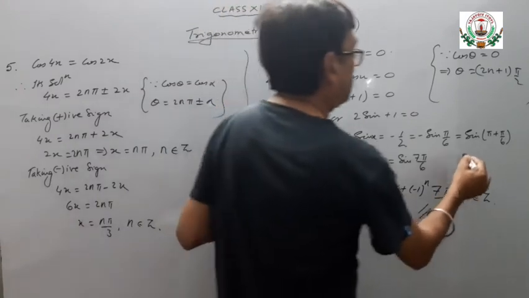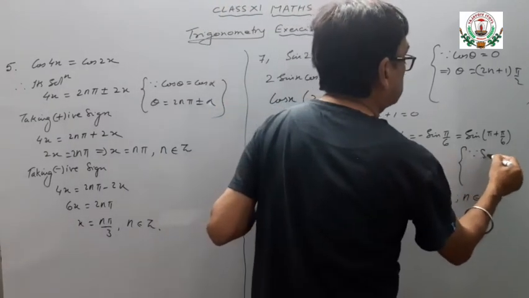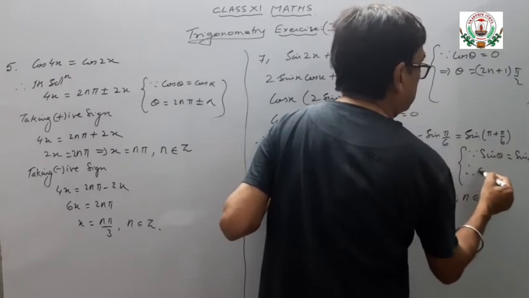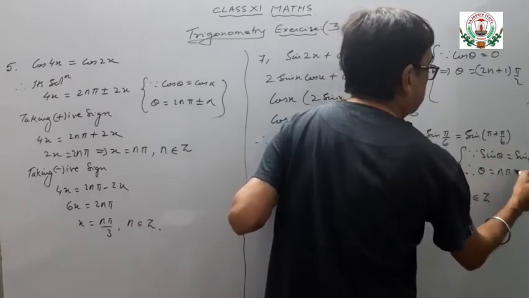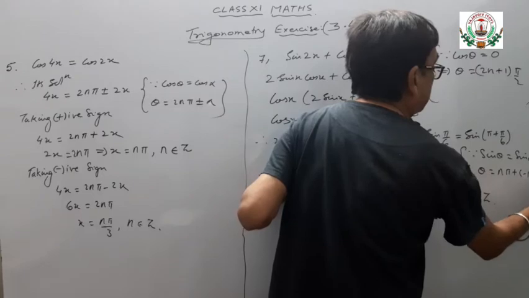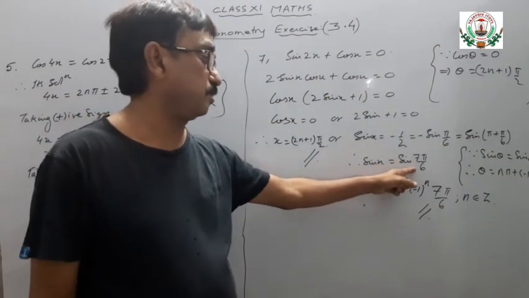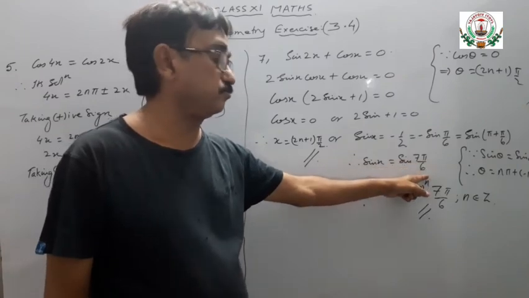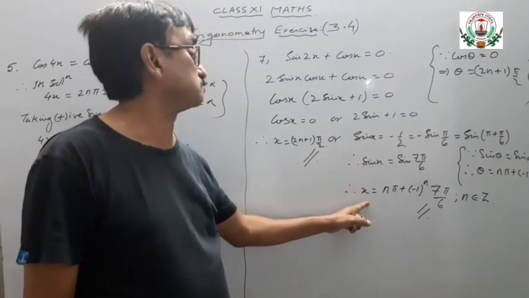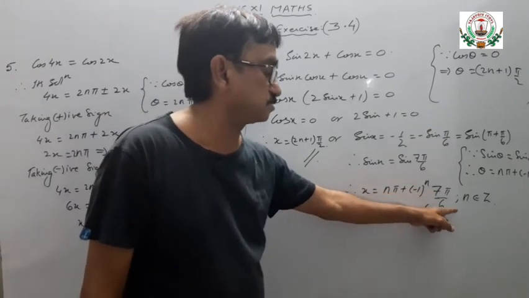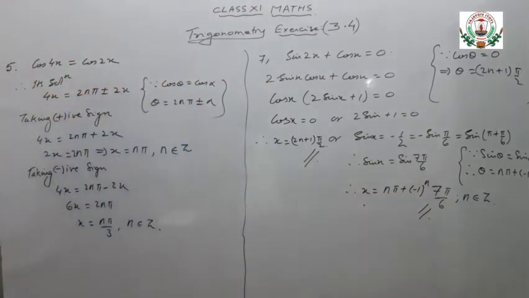As we know, if we get the equation sin θ equals sin α, then its solution is given by θ equals nπ plus (minus 1) to the power n into α. In place of α our value is 7π by 6. So x equals nπ plus (minus 1) to the power n into 7π by 6, where n belongs to the integers.